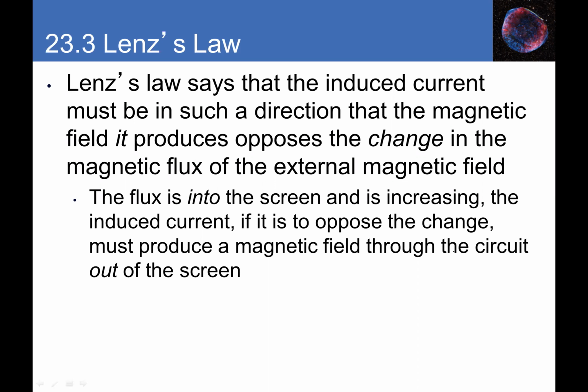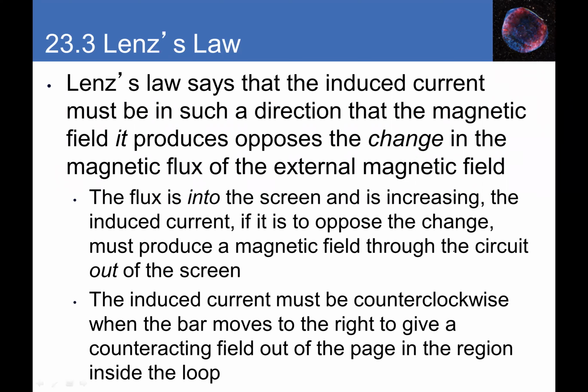The induced current, if it is to oppose the change, must produce a magnetic field through the circuit out of the page. And in order for us to get that, we need an induced current that is counterclockwise. So when the bar is moving to the right, it's going to produce a magnetic field out of the page, and it's going to try to fight that change.